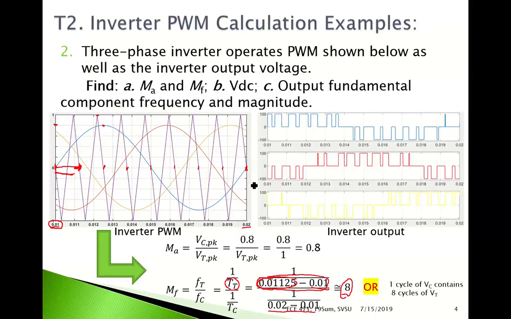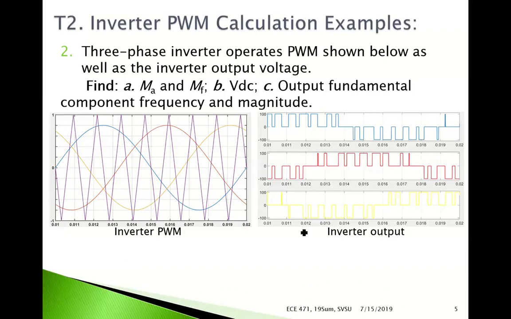So one cycle of VC contains 8 full cycles of VT, meaning the frequency of VT is exactly 8 times that of VC. So we can come up with 8 directly. This way is obviously more precise and more efficient as well. But if it doesn't work out for you, feel free to use the first way to estimate the periods.